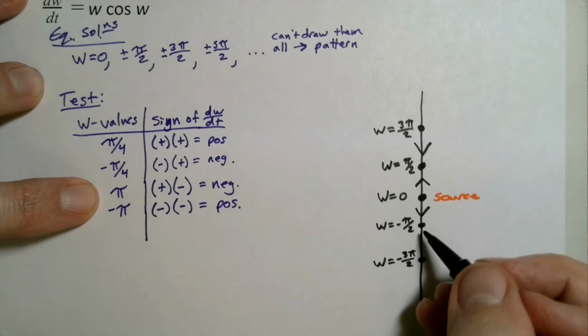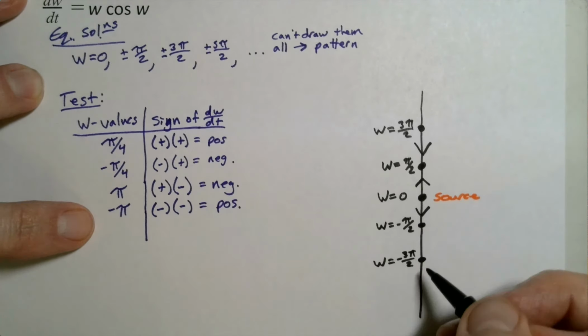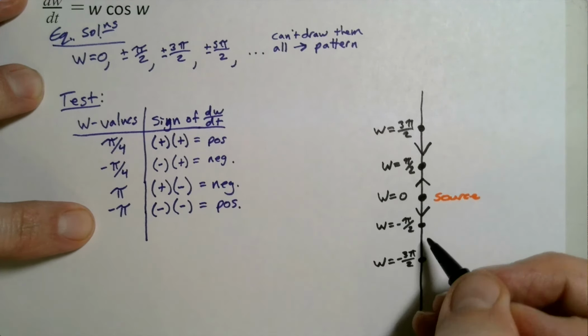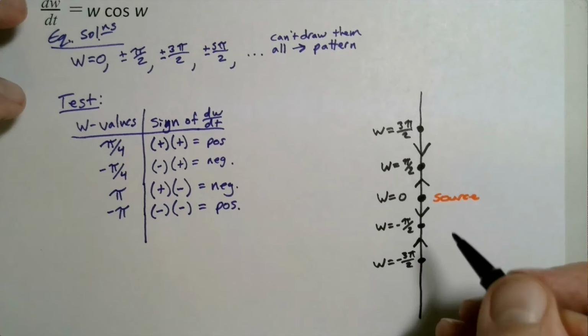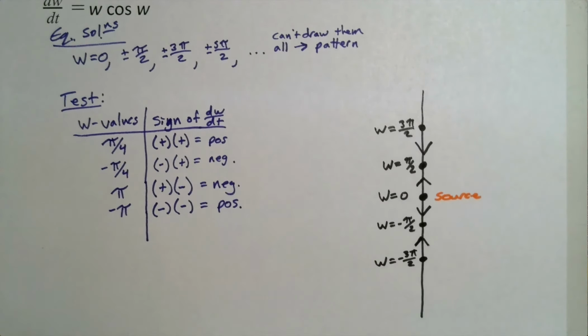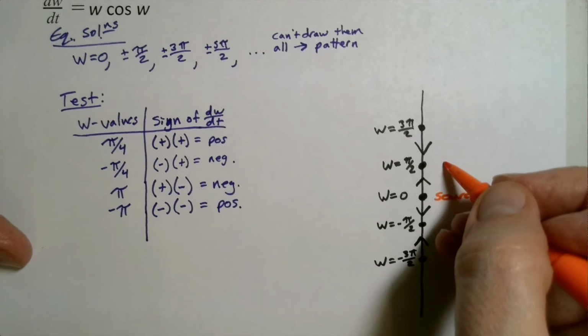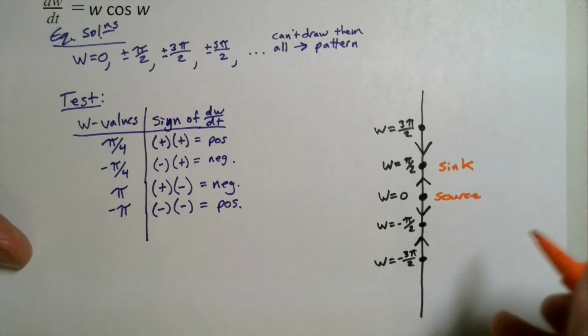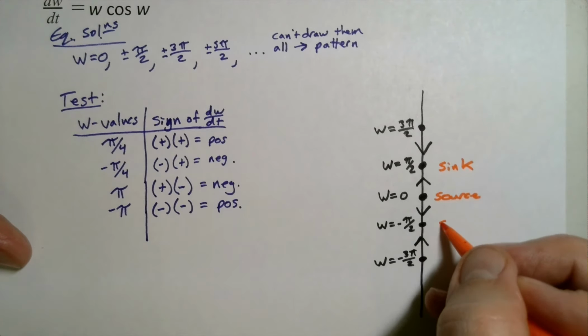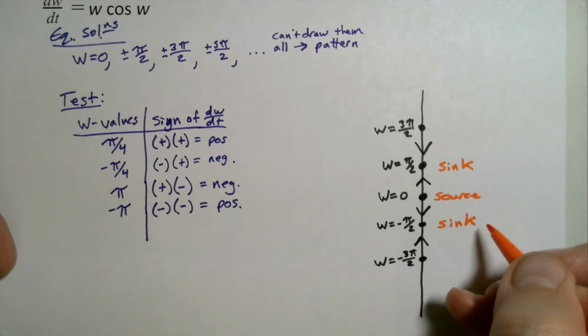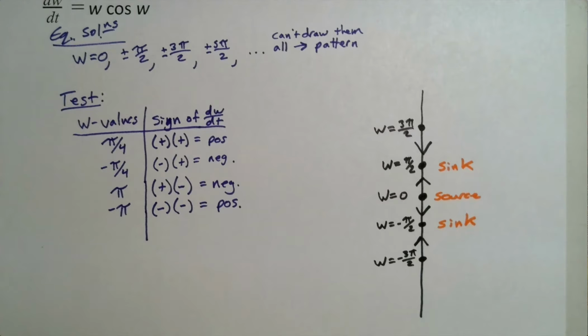And between negative pi over 2 and negative 3 pi over 2, we have a positive. So our first one, W equals 0, was a source, but as we look above, the next equilibrium solution is pretty clearly a sink. And the one below it, below 0, is also a sink. So we've got to go one more beyond to be able to get a sense of what's going on here.